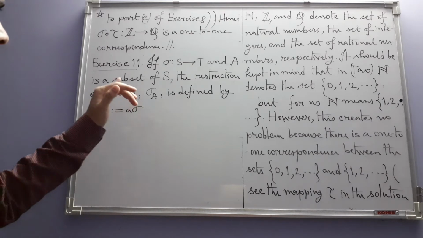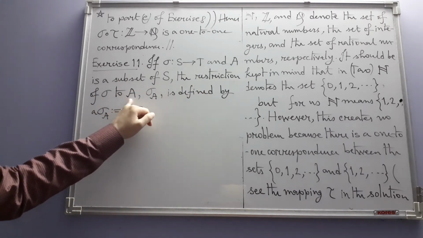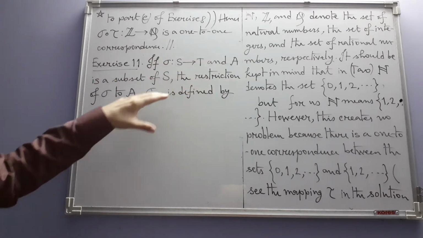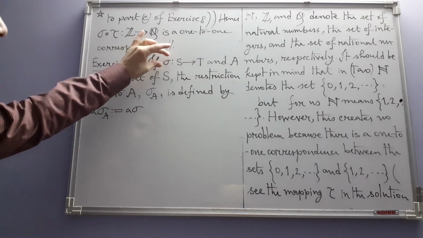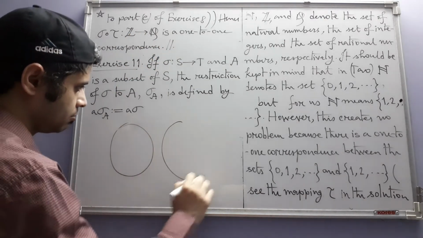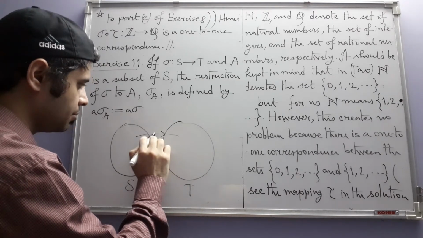So this is a new mapping because this mapping has A as its first set or domain instead of S. So what we are doing is we are just restricting the mapping sigma, or a figure will help. This is S, this is T, and we have sigma.